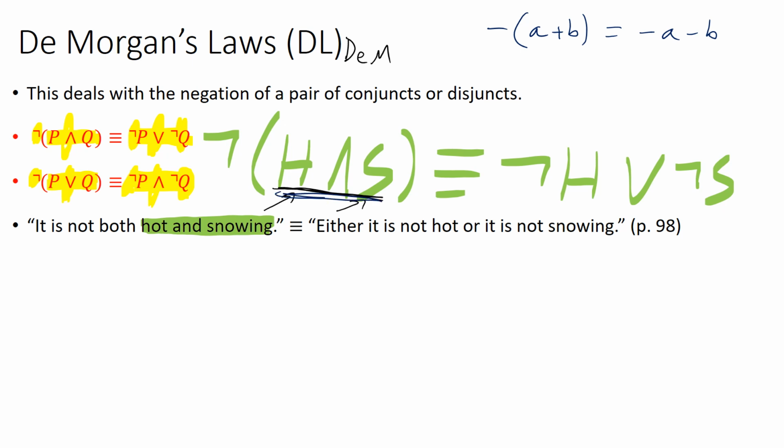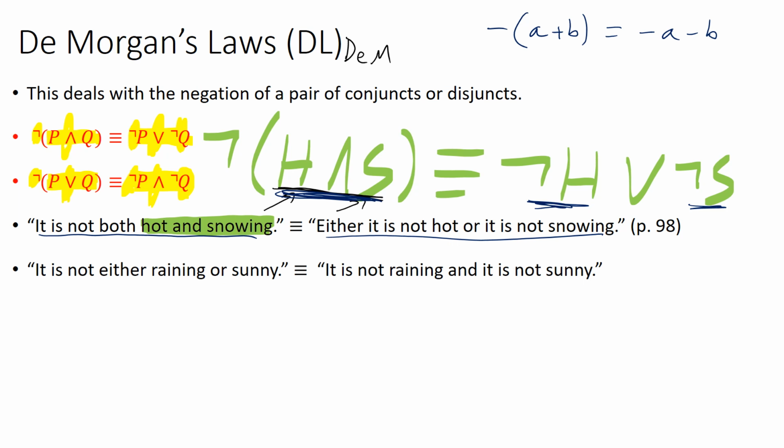If this statement is true, H and S, but then we say it's false, the only way it's false is if either H is false or S is false, or both are false. So hence, from this statement, it is not both hot and snowing, we can immediately infer that either it is not hot or it is not snowing. And that makes sense.